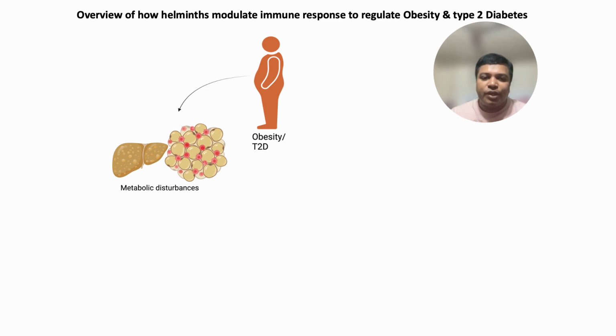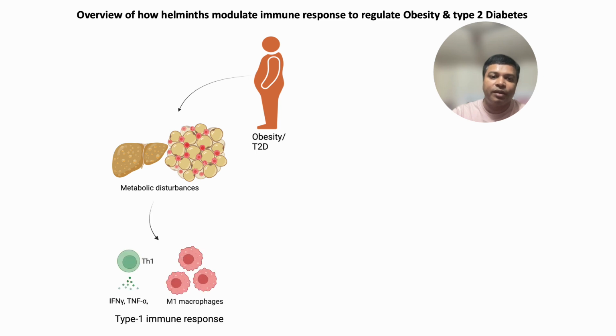Here you can see a lot of fat cells. These cells become bigger with a lot of red-colored inflammatory cells. And here is an example of liver, where you can see a lot of fat deposition. So obesity triggers metabolic disturbances characterized by swelling and inflammation of adipose tissue, as well as excessive deposition of fat in different organs like the liver.